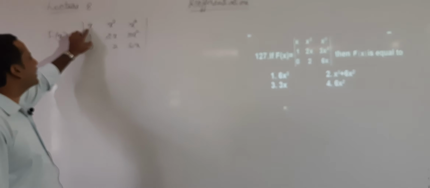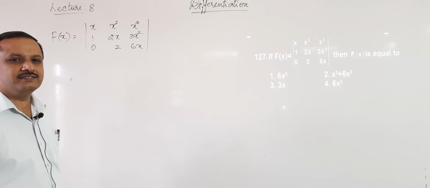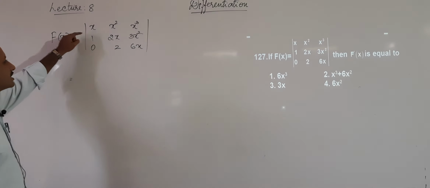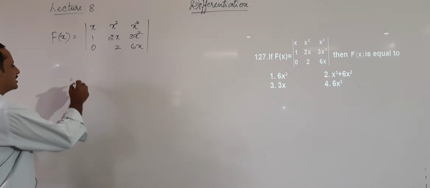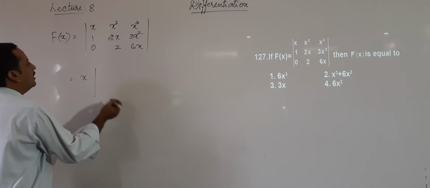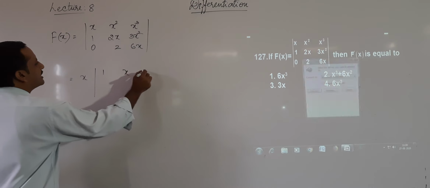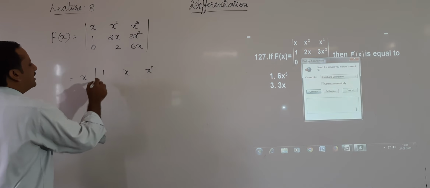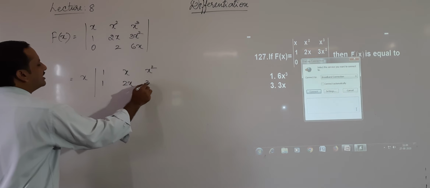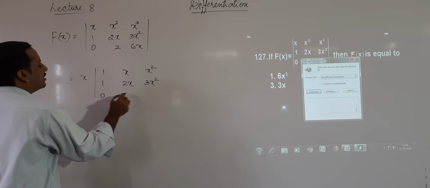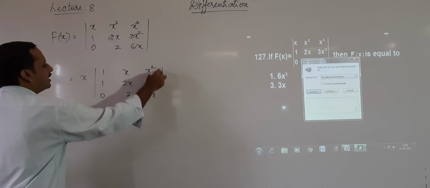Before I expand, I will take x as a common factor from the first row. If I take x out from the first row, then we are left with 1, x, x square, and here you have 1, 2x, 3x square, 0, 2, 6x.